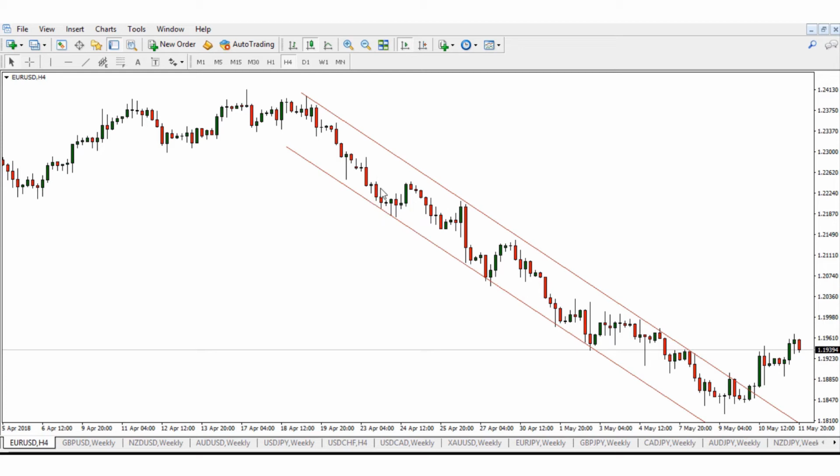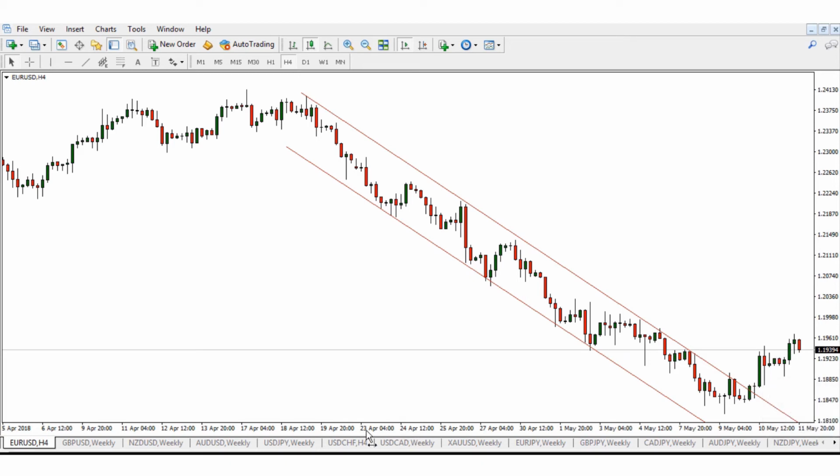This is actually a down channel. Channel resistance, channel support. So day traders would actually buy here, and long-term traders would only look to sell in this channel. And after it broke through the channel resistance, other traders would also like to buy and buy big.